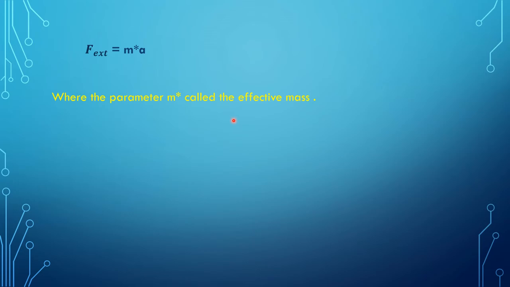So this is the basic concept of effective mass. That means when an external field is applied to a semiconductor, the charge carriers, that is the electrons and the holes, experience some forces due to the externally applied electric field and also due to the internal periodic field which is produced by the crystal.